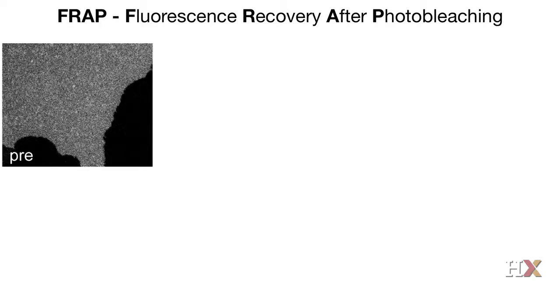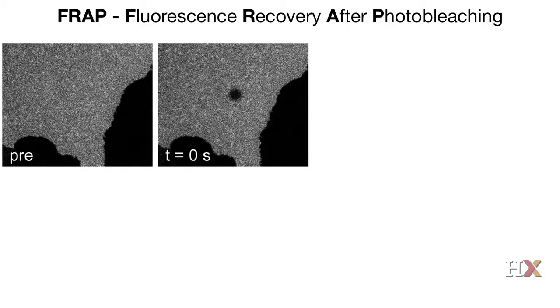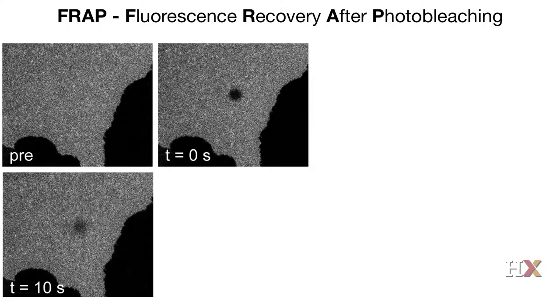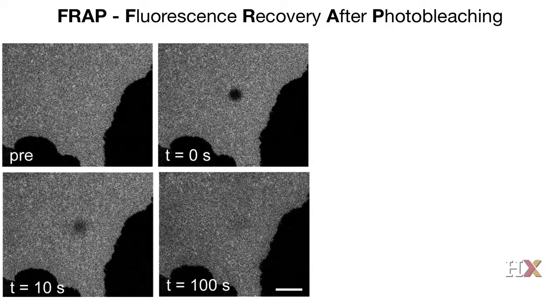Then you expose a small region of the membrane to an intense laser light that will bleach the fluorescence. So now you will see a dark spot surrounded by a sea of fluorescent molecules. And you can measure the time it will take for this dark spot to become fluorescent again.